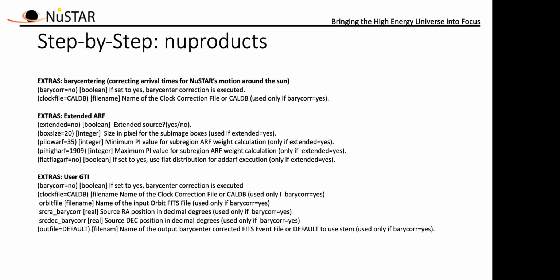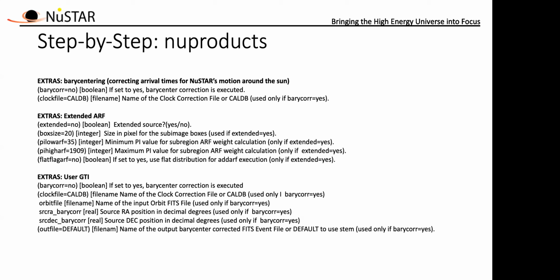You also set how big: it's going to take your extraction region of the extended source and make it into boxes, so you have to give it the box size. If your box size is really small, it's going to take forever. The default box size here is actually 20, in pixels. You can go down to 10 or 5, but it starts getting really, really slow. You probably don't want to go any bigger than 20.